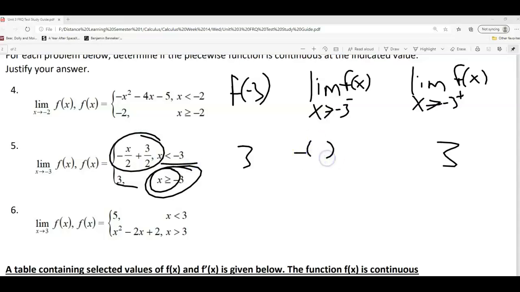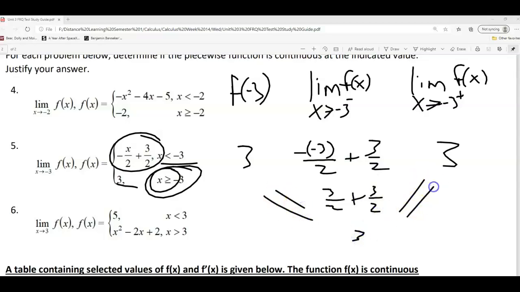I'll plug stuff in here. So I end up with 3 halves plus 3 halves, which is 6 halves, and that's 3. All 3 of those are equal. And therefore, we would say, yes, it's continuous at x = -3.